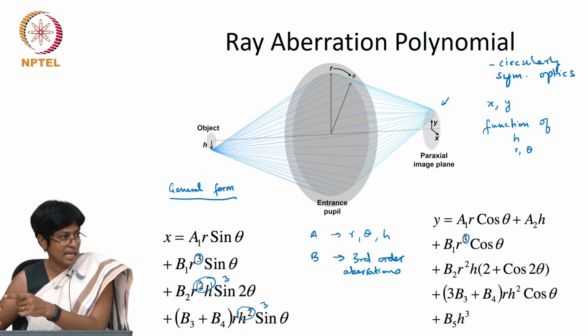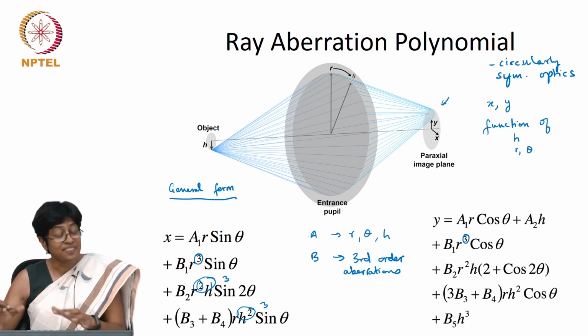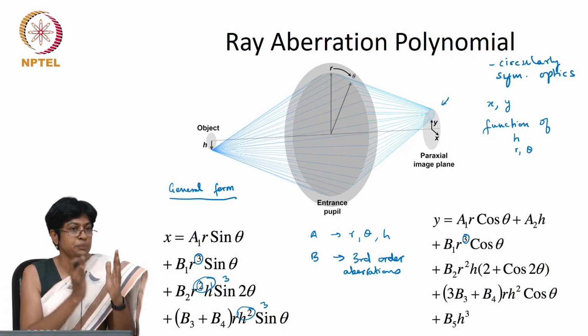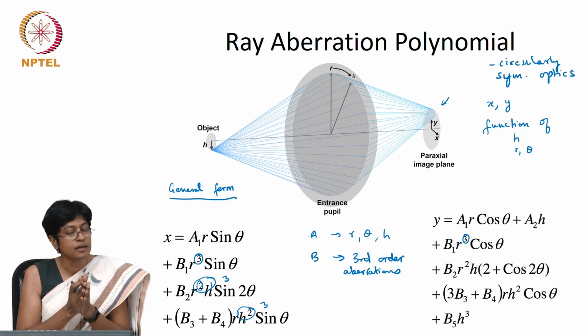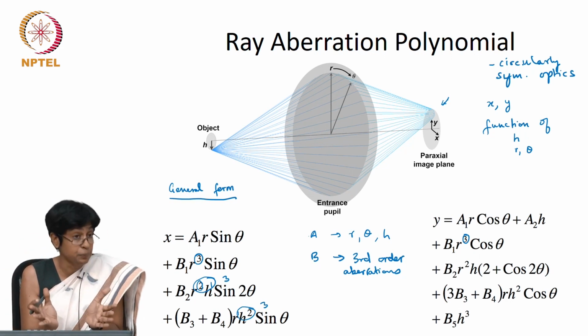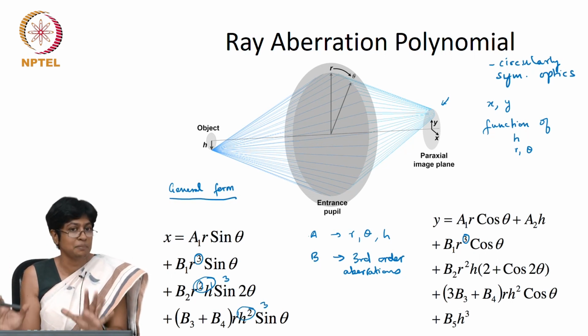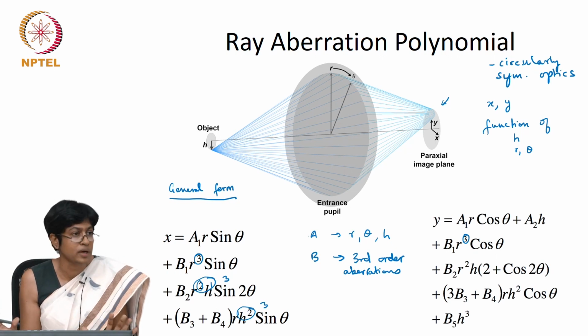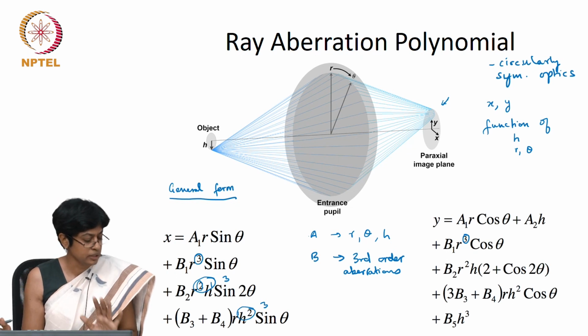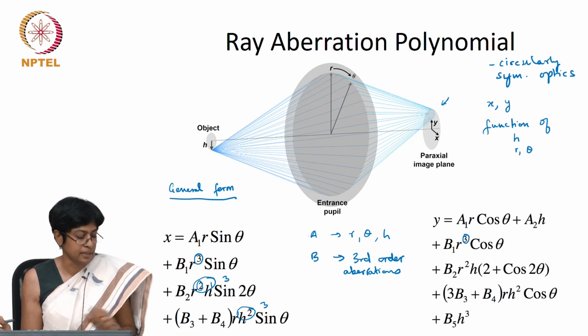It landed somewhere else in this plane, the paraxial image plane, and the coordinates of that point are x and y, and they are related in general to h, r, and theta, h being the object height, r and theta being the point on the plane of the entrance pupil of my optical system. And in terms of these parameters, I am able to arrive at a general form of what I expect the aberration equations to be. So I just want you to have that idea in mind.